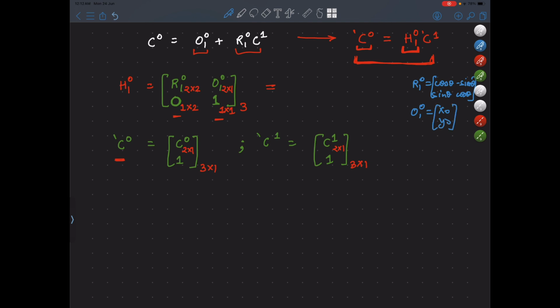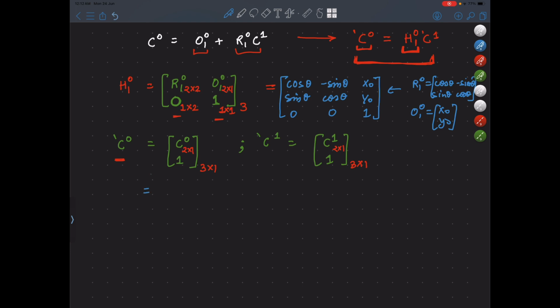Then the homogeneous matrix will be cos theta, minus sin theta, x naught; sin theta, cos theta, y naught; 0, 0, 1. This will be the homogeneous matrix.